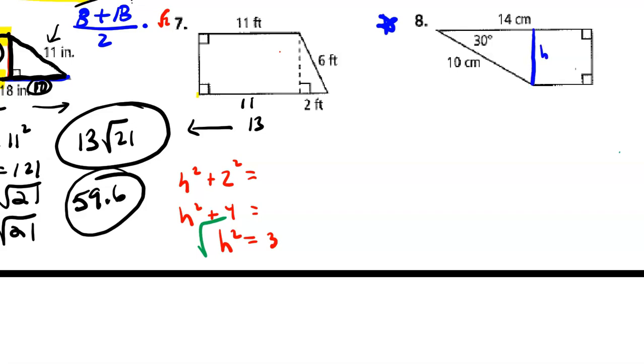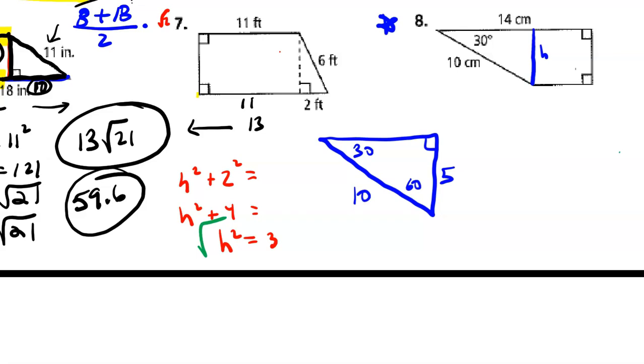So to get this h, I'm going to use the fact that this is a special right triangle. So this triangle has a 90 and it's got a 30 right here, which means there's a 60 right here. So since the hypotenuse is 10 on a special right triangle, I know that the shortest side, the shortest leg, is exactly half of that.